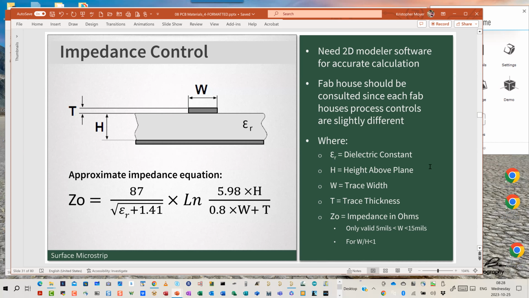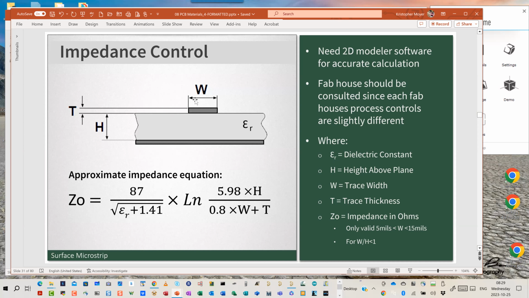Additionally, your fab house should always be consulted. As we were just talking about, there are tolerances on the process or process controls that the fabricator has. When they say they're going to etch, how much over etching do they typically get? When they laminate, what hydraulic pressure are they using? What temperature are they using, etc.? All of these factors are going to control the subtle variance in dielectric thickness, trace width, and so on.